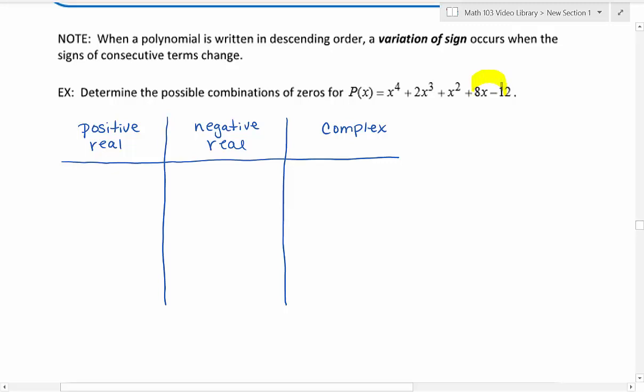Well, it only happens one time, right here. So our first option for positive real zeros is that there could be one. And now I'm going to write this above my heading because there could be another option. Our rule of signs says that it's equal to the number of sign changes or less than that by a multiple of 2.